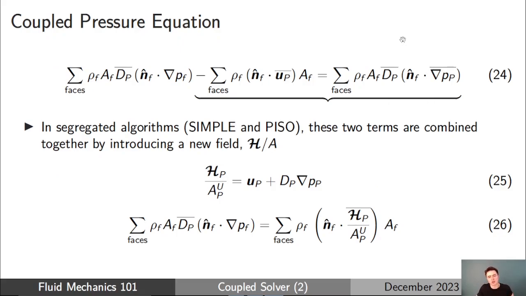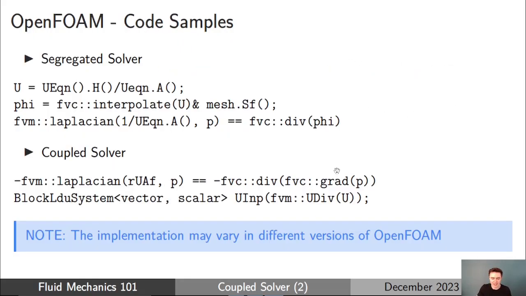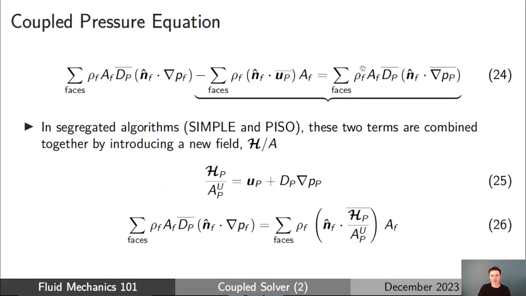This is what we saw in the right-hand side of our coupled pressure equation. You'll see that there's some insertion of the implicit coefficients there, U in P, those are going to be the block off diagonal coefficients. But the right-hand side source term is different. There's that subtle difference there between the coupled pressure equation and the segregated pressure equation.